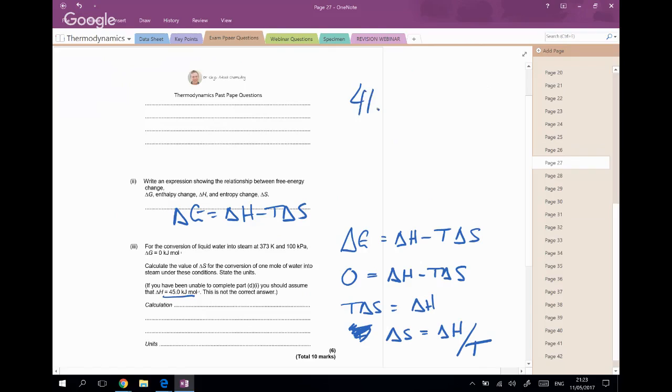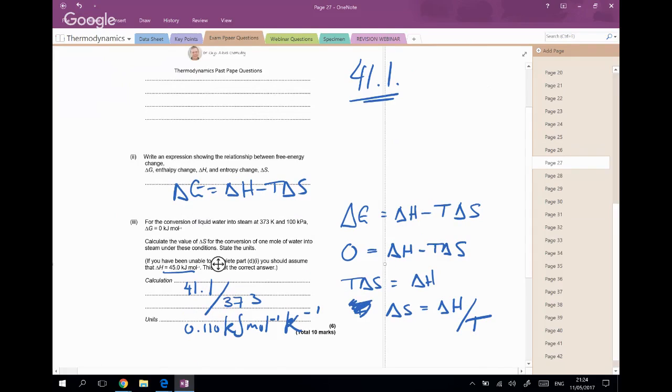Or if we weren't sure, we're welcome to use the value here. I'm going to use the one from previously, which is 41.1, over the temperature. Now remember to ensure that you're using Kelvin here. So that's 41.1 divided by 373, and that gives us a value here of 0.110, and here we got kilojoules per mole per Kelvin because that's what we've calculated.